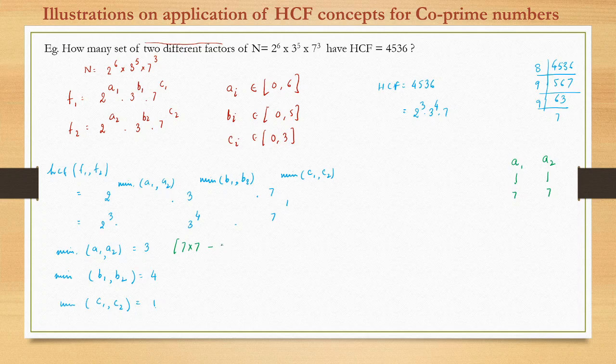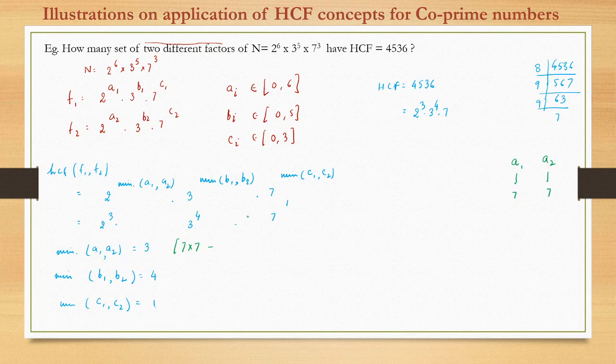So we will subtract those cases where a1 and a2 are taking a value which is less than 3. So suppose 0, 1, 2, 3. So that way we can find here, right?